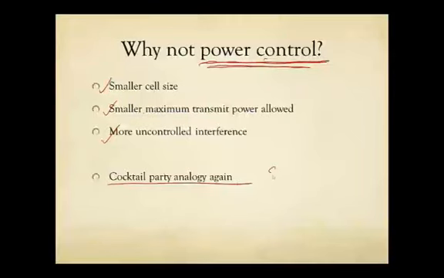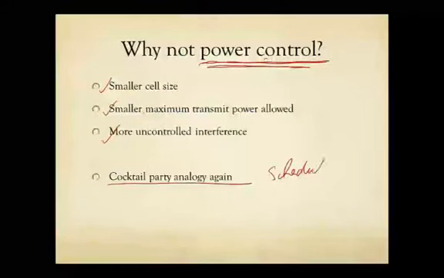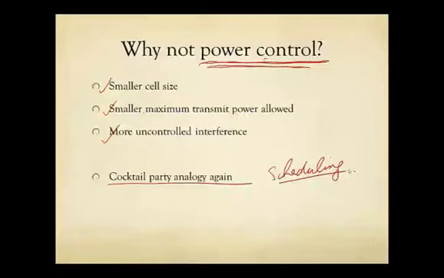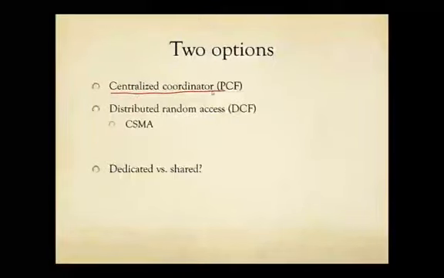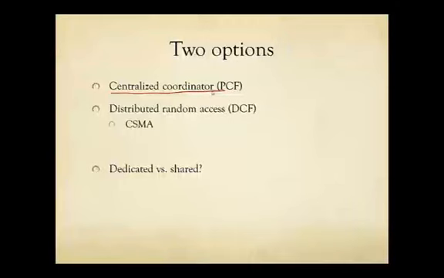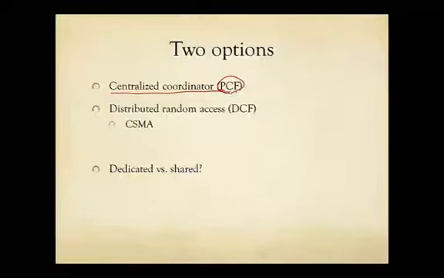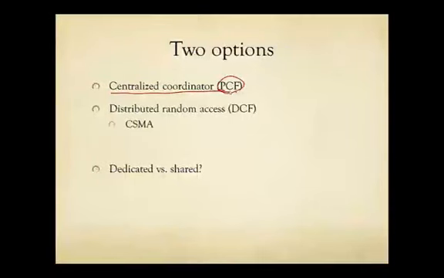Scheduling, or time, is another degree of freedom, just like transmit power or frequency band. Now, one way to do scheduling is a centralized coordinator. Let's say there's a DJ or some central coordinator who says, all right, everybody quiet. Now, Alice, you can talk. Now, Bob, you can talk, and so on and so forth. In Wi-Fi, there is indeed a mode for that called the point coordination function, the PCF.